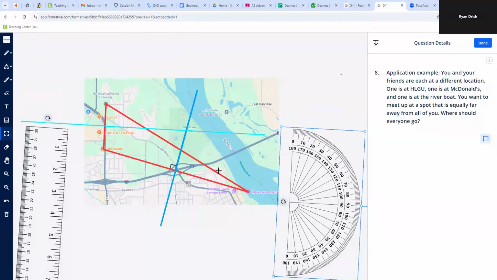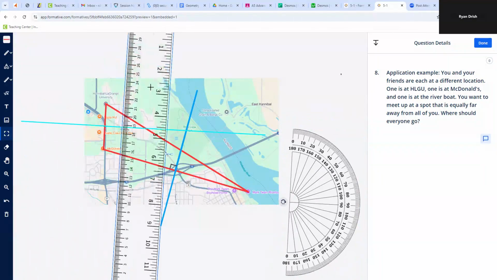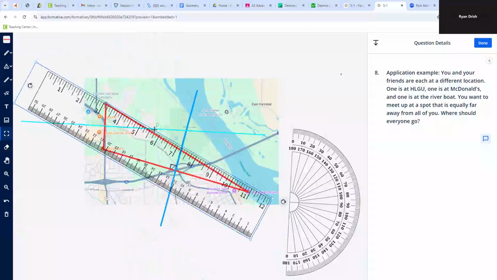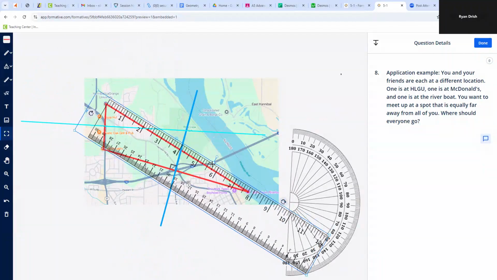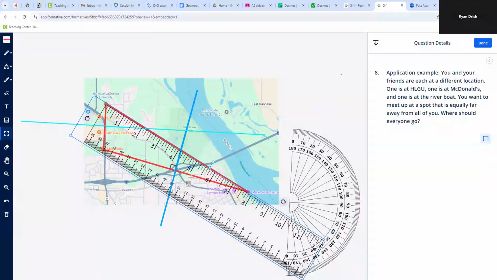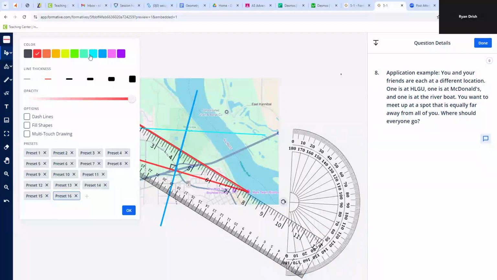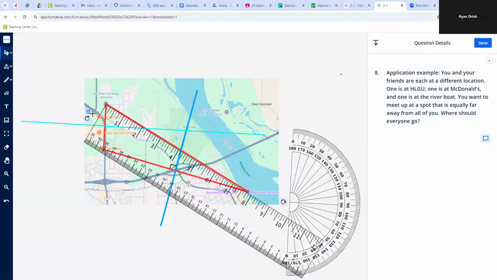We need to do this long segment from HLG to the riverboat. I'll get my ruler out, and we're going to measure as accurately as we can. Okay, we have 7 plus 1, 2, 3, 4, 5, 6 tick marks.